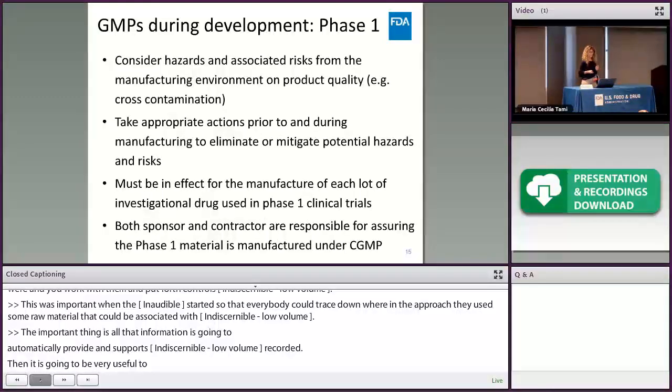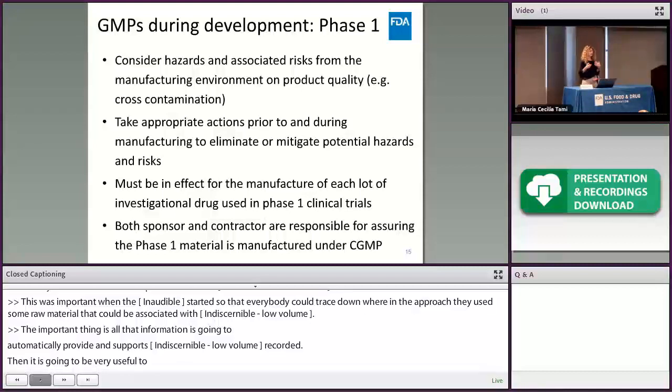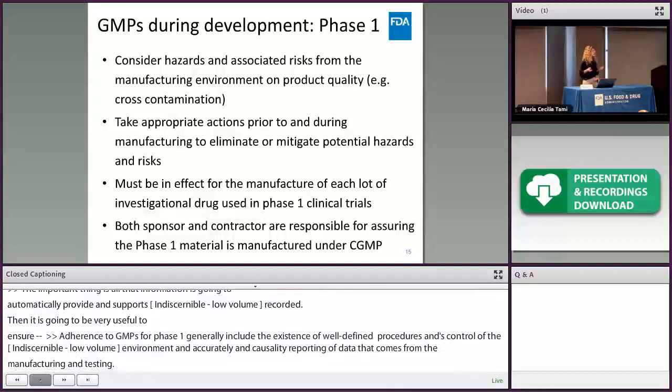So when you manufacture a phase 1 material, it's very important that you consider the hazards and the risks associated with manufacturing the product in a certain environment.